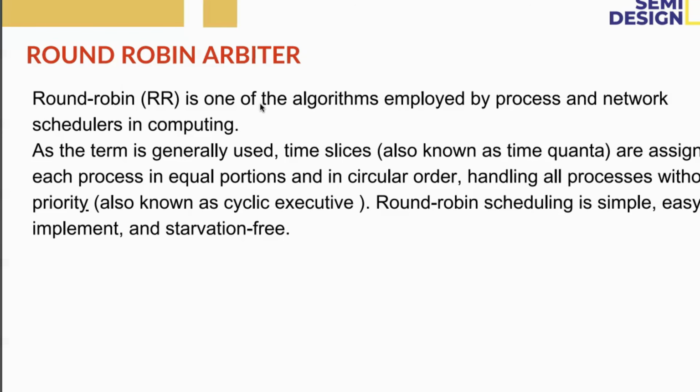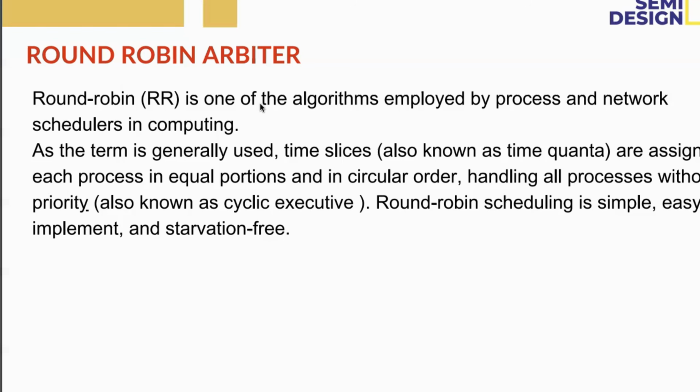Suppose there are 5 masters. Master 1 gets the priority first, then master 2, master 3, master 4, master 5, and again master 0. That is round robin fashion.